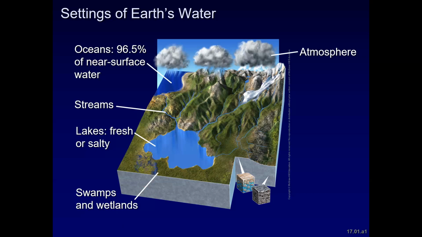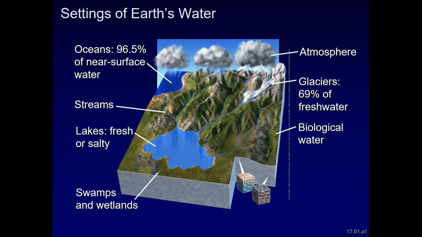The atmosphere is like 0.001% of Earth's water as clouds, rain, snow. Glaciers have 69% of fresh water. Water's also in permafrost and ground ice in these areas.